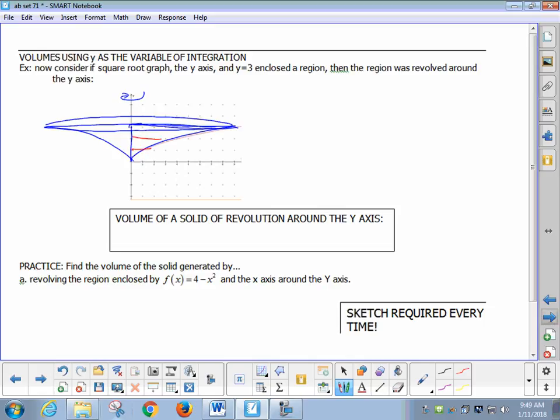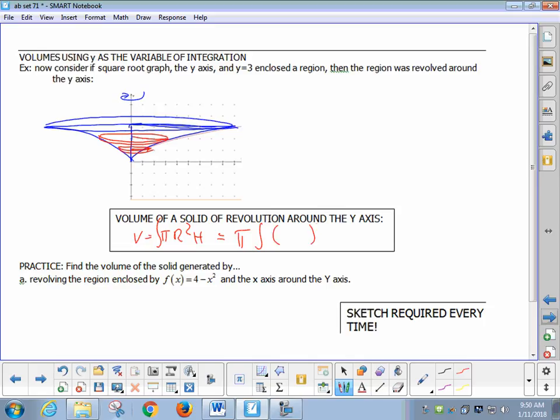These are my slices, and when they're revolved, then I'll start to get cylinders running that way. Thousands of them, millions of them. Now, in that case, then, the volume is still going to be the sum of many cylinders. So it's still pi r squared h. That is the big idea that governs all. But the details are different.